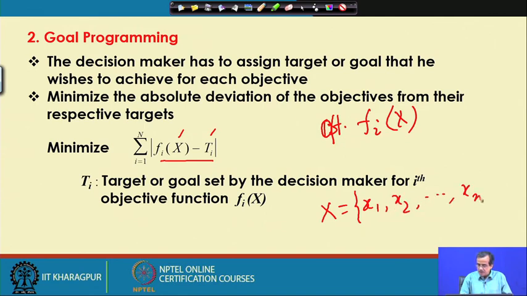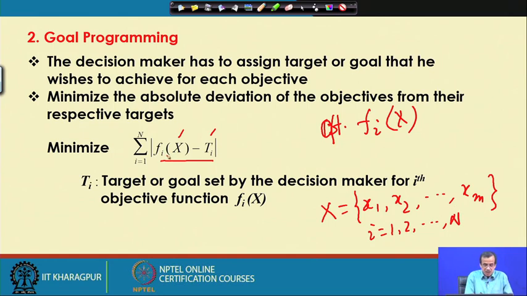Say I have got m number of small x values or the design variables, and this i is the ith objective function, and i varies from 1 up to capital N. So, I have got capital N number of objectives.